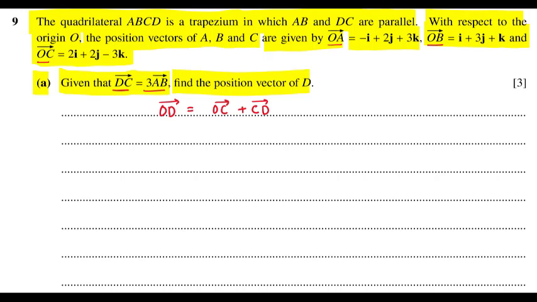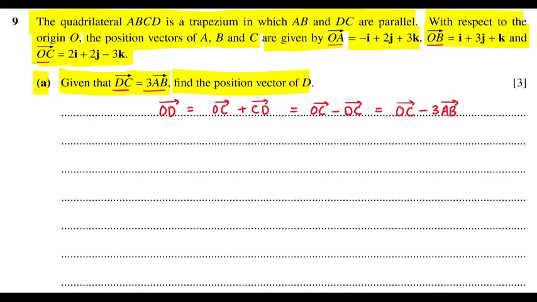So we can write OD as OC vector minus DC vector, which from the condition is OC vector minus 3 times AB vector.